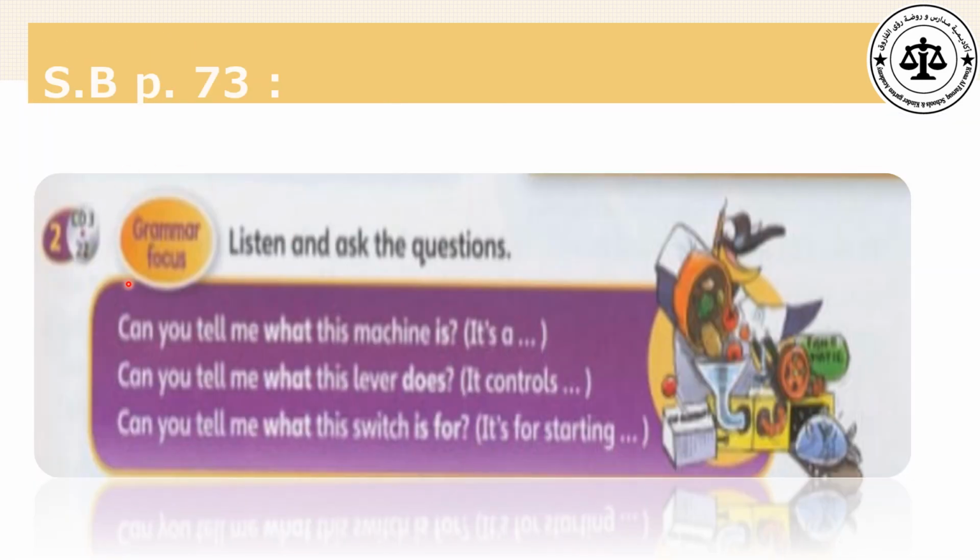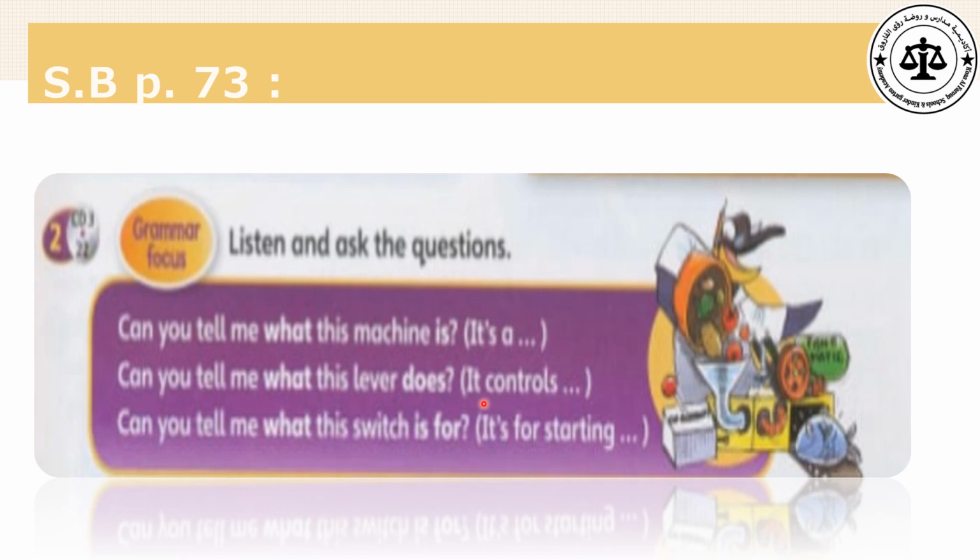Now question number 2, listen and ask questions. Look at these questions. Can you tell me what this machine is? We can start our answer with it's a and the name of the machine. Number 2, can you tell me what this lever does? Yes, we can say the function or the use of it.